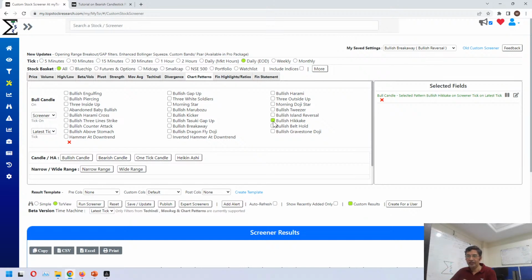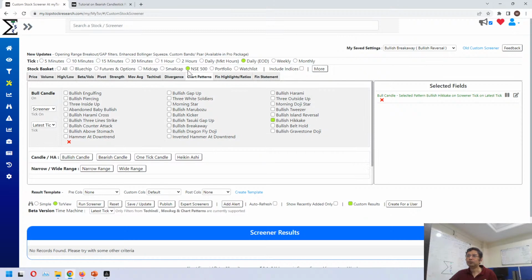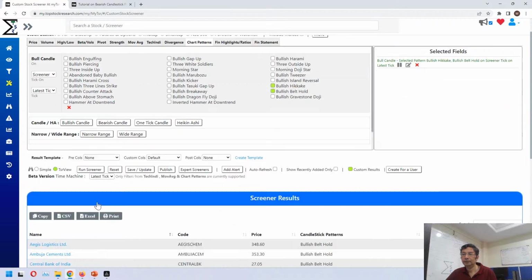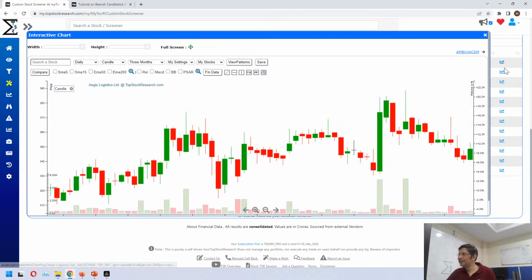Okay, so let's see if there's any pattern which is getting formed. No pattern. All right, so below, belt hold. Okay, so we see a few patterns under bullish belt hold. So play with this.